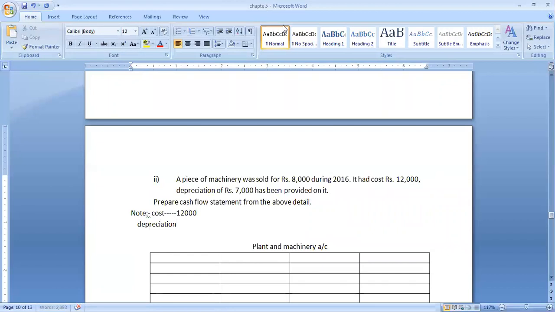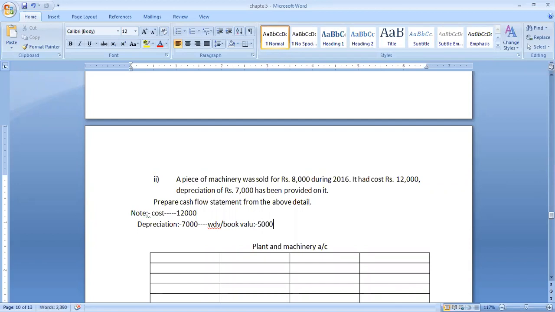Depreciation is 7,000. So what will be the written down value, which is also called the book value? 12,000 minus 7,000 is 5,000.